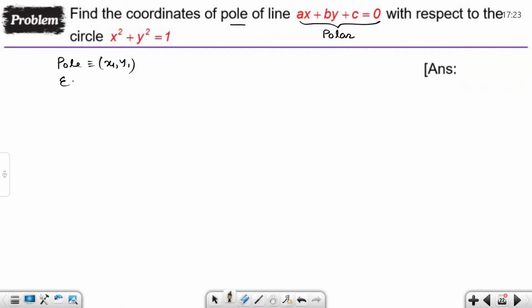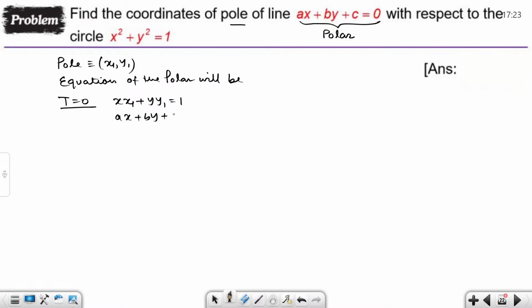The equation of the polar will be xx1 plus yy1 equals 1, because we know that the equation of the polar is always T equals 0. Now, this is the same as ax plus by plus c equals 0.